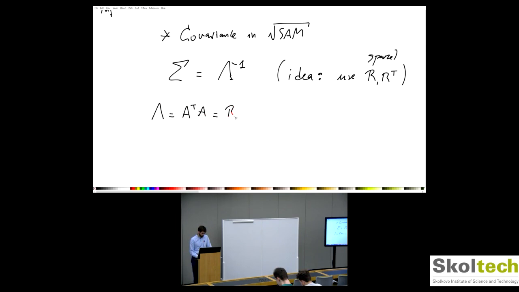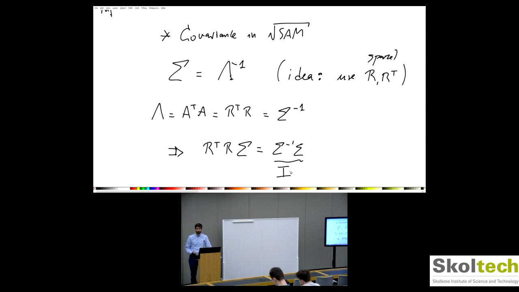The definition has been written many times so far. Now what I'm going to add is this new term. We know that this is equal to the inverse of the covariance. So what we can do is multiply both sides by the covariance. In this case, we have R transpose R multiplied by the covariance, and here we have the identity.